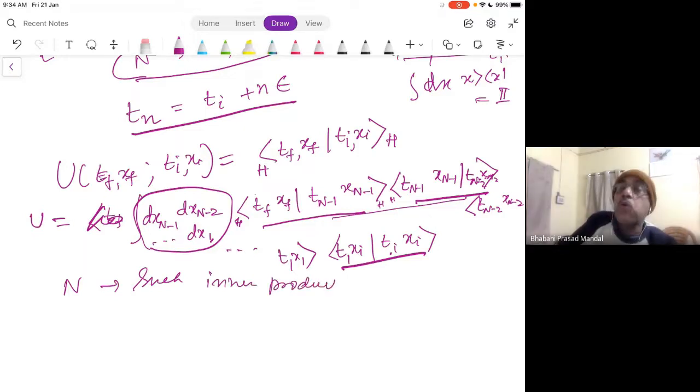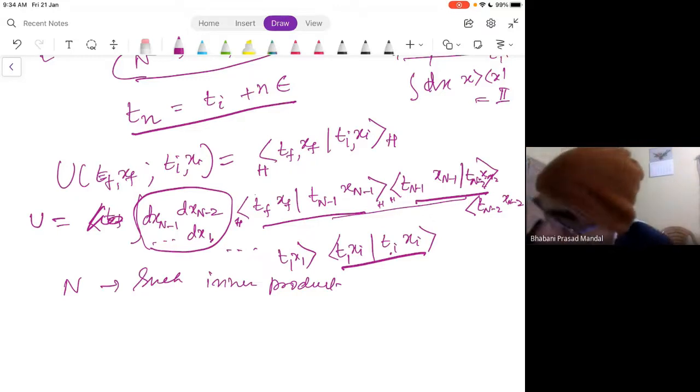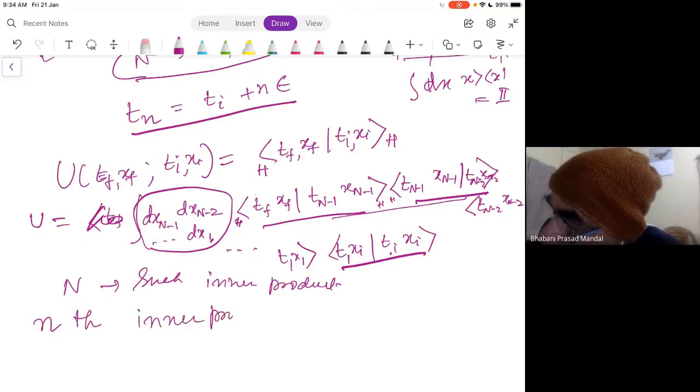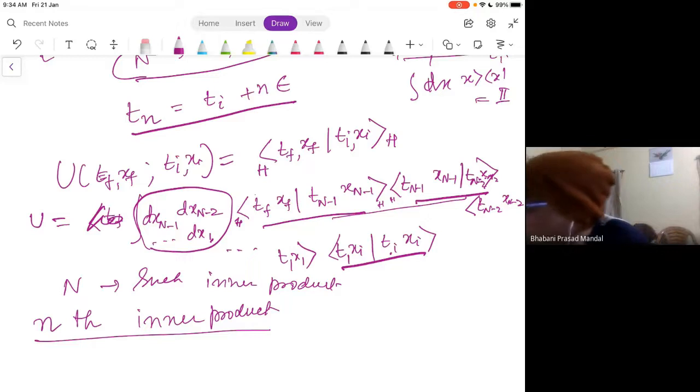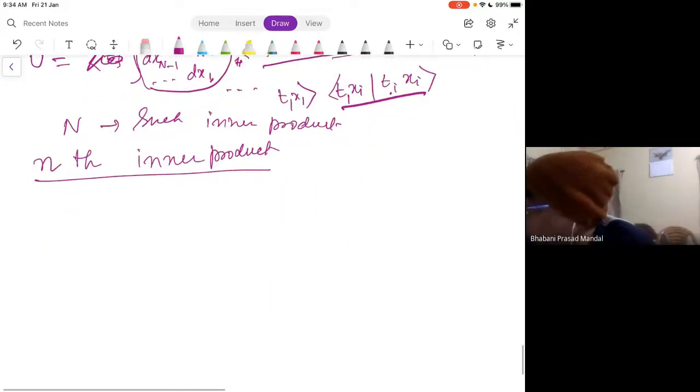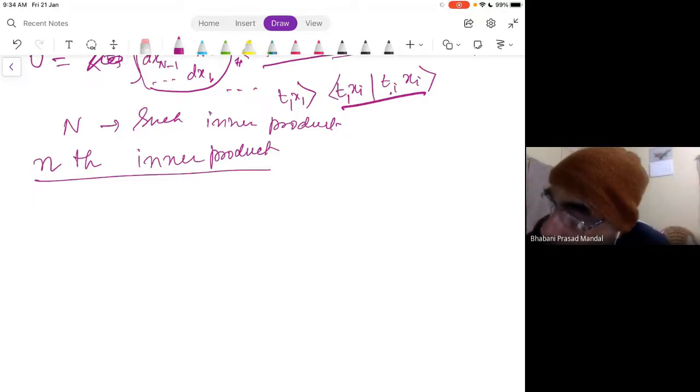Now I will show you how to calculate this inner product for one case. Suppose the nth, small nth inner product. The calculation is very simple, only Gaussian integration is needed, but you should know what the Gaussian integration is. So the nth inner product means Tn xn with Tn minus 1 xn minus 1.